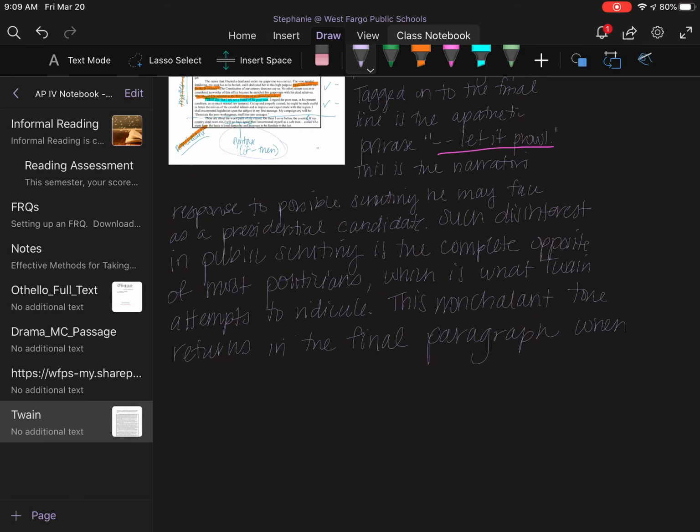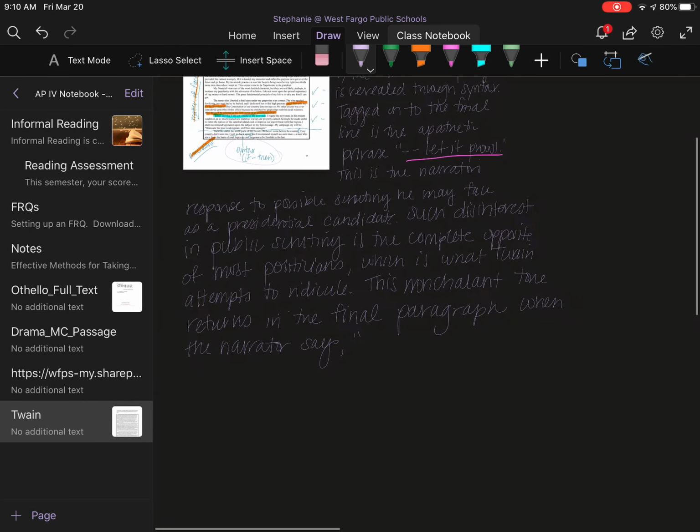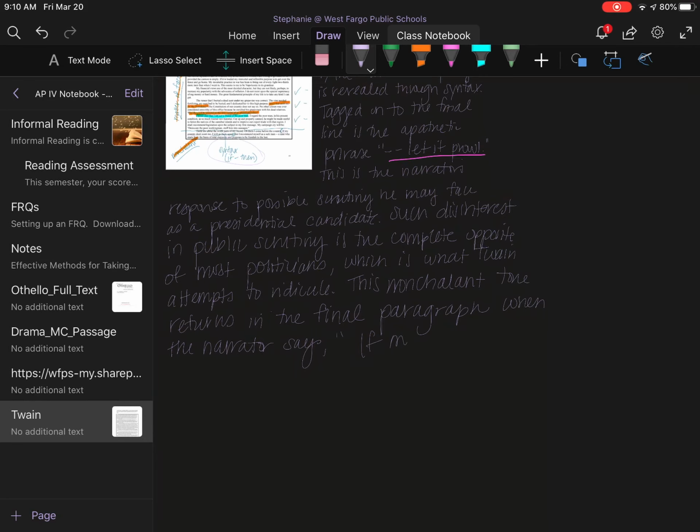When the narrator says, again, I'm saying the narrator because it's being narrated, it's not Twain saying that, and then I'm trying to read it while I do this, "if my country don't want me, I will go back again." Yep. I will go back again.